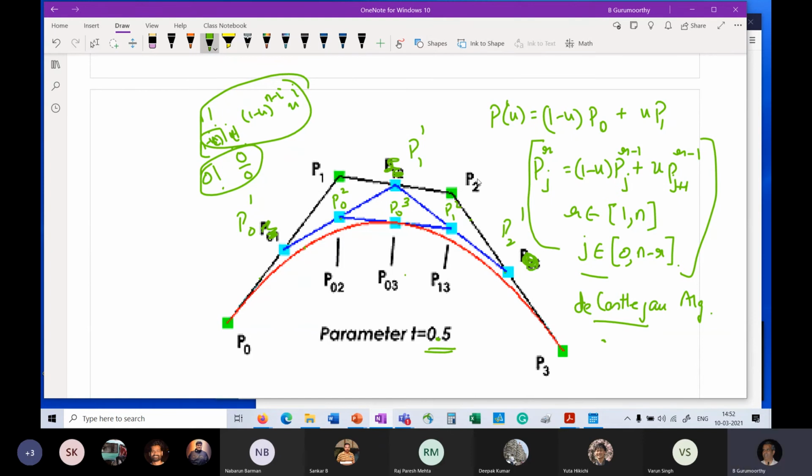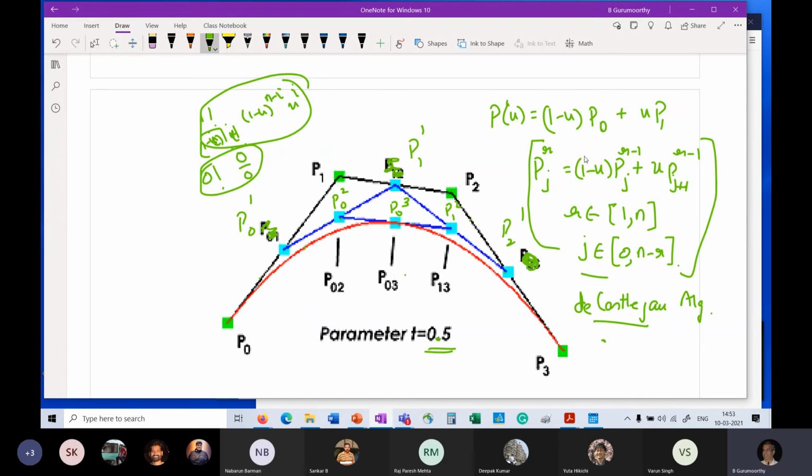Because we are doing a series of linear interpolations, we know that the linear interpolation is always, in some sense, not outside the point set, meaning that the linear interpolation will always lie between P0 and P1 for u between 0 and 1. And every time the same thing will happen, and therefore the point on the curve will be inside the convex hull of these points. It cannot be outside, right?